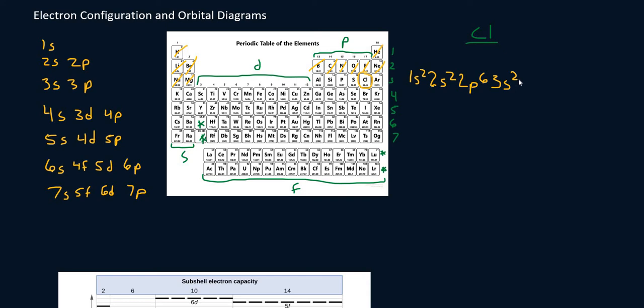So we're going to have that 3s2, and then we're going to have 3p. And remember, this right here is the p block. So 3p1, 2, 3, 4, 5. Just count over the elements in your block, and that's going to give us 3p5.